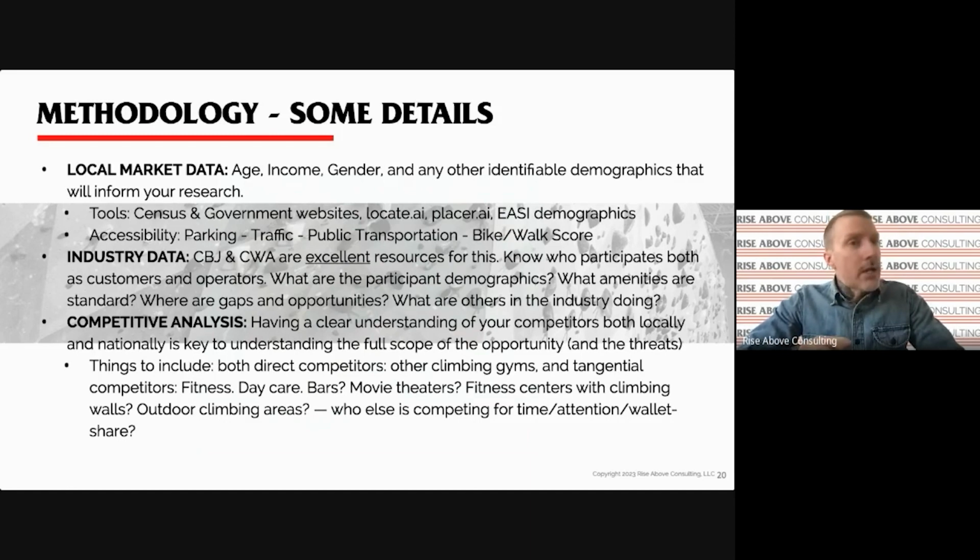So I want to talk real quickly before we dive into these details of industry data, competitive analysis, local market data. It's really important to have an open mind as you go into this. And it can be just as valuable to have your idea invalidated as it can be to have your idea validated.